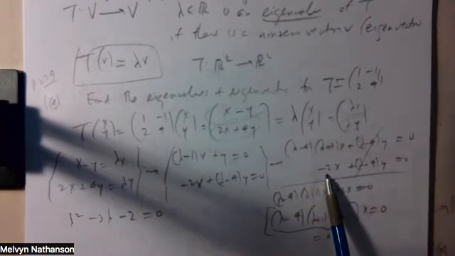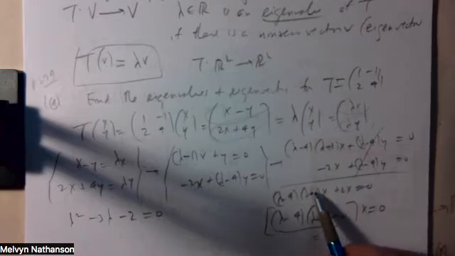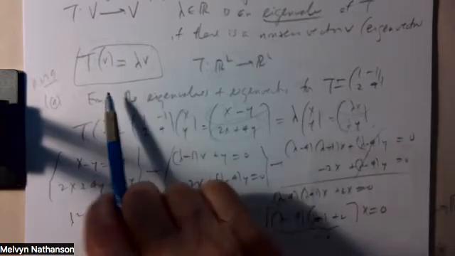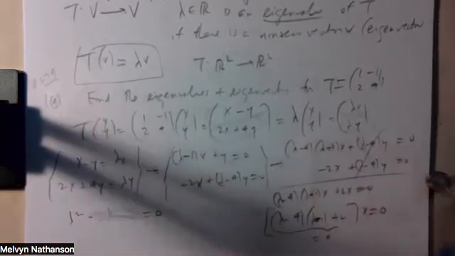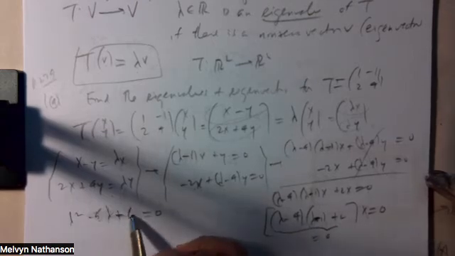So I get lambda minus 4 times lambda minus 1 plus 2, times x, is 0. If I multiply this out, I get a quadratic equation: lambda squared minus 5 lambda plus 4 plus 2, which is plus 6, equals 0.